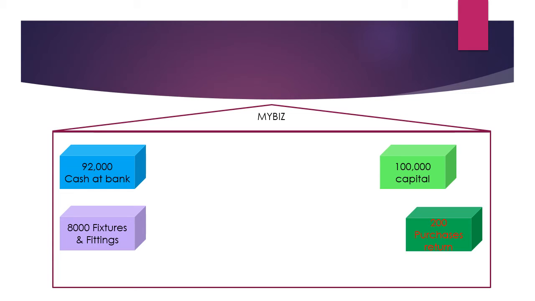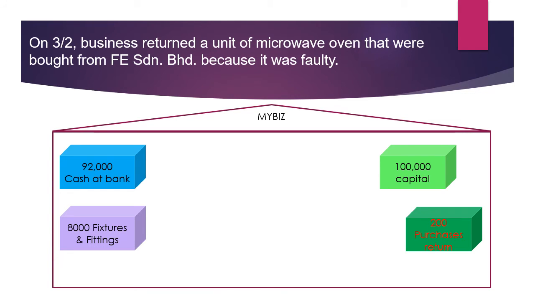We will write a new account that you call purchases return. The purchases return is to keep track of how many returns we send to the supplier. So purchases stays at the same cost, 2,000 ringgit, but you need to open a new account that we call purchases return.